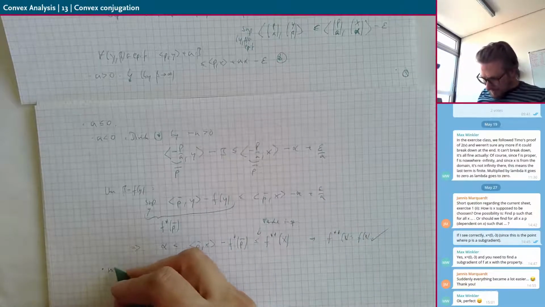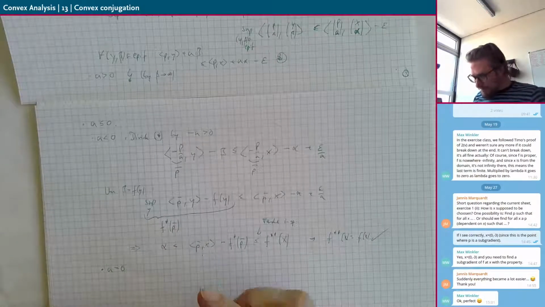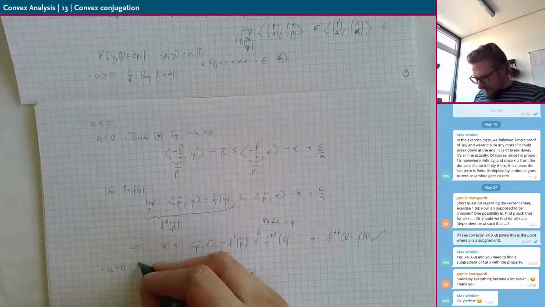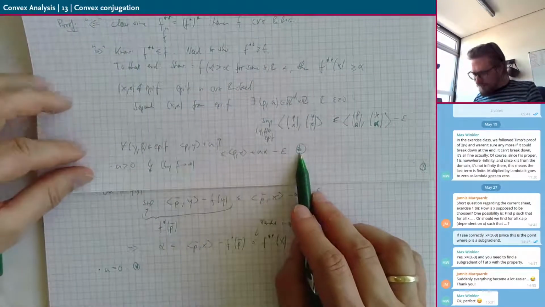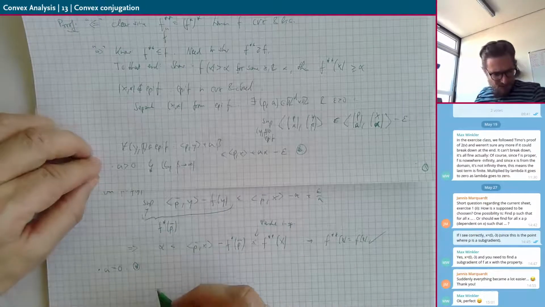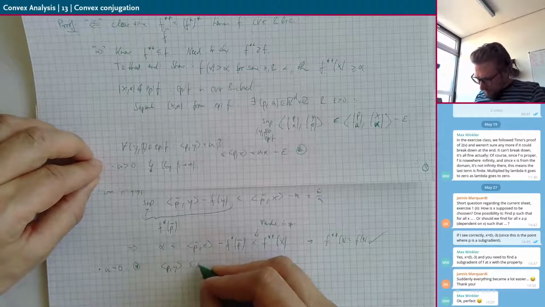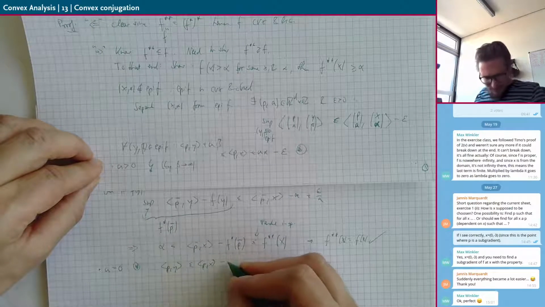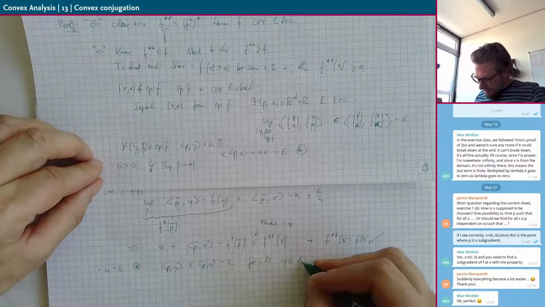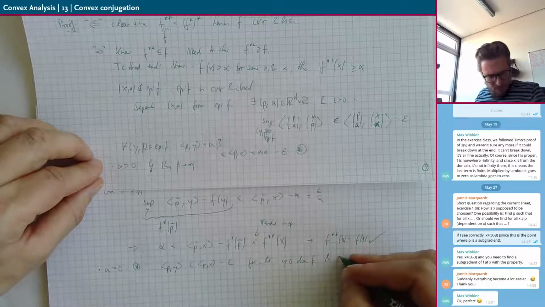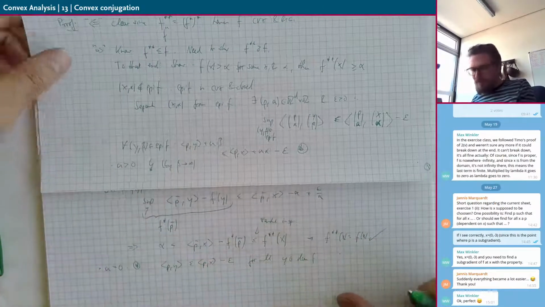And the remaining case, alpha equals 0, is actually a little bit simpler. If alpha is equal to 0, then this star inequality which we used here turns into just p times y is smaller or equal to p times x minus epsilon for all y in the domain of f. And beta doesn't appear anymore.